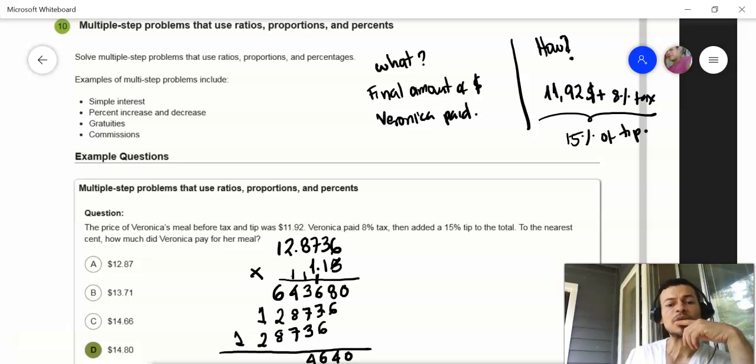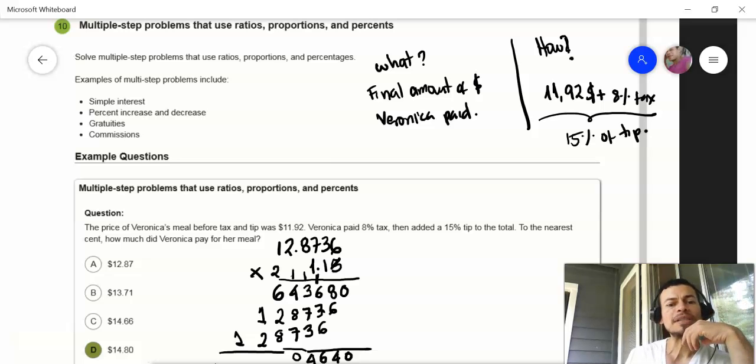This is going to be 12. 4 plus 8 gives me 12, and 12 plus 5 gives me 19. But I cannot forget that I'm carrying 1 over. So 19 plus this 1 that I have here is going to be 20.